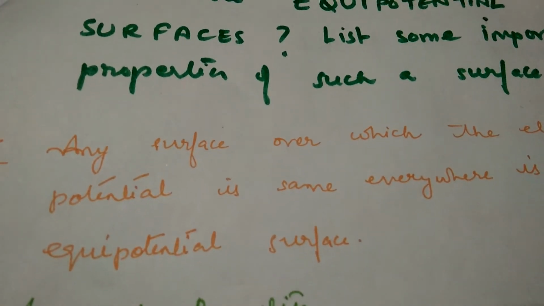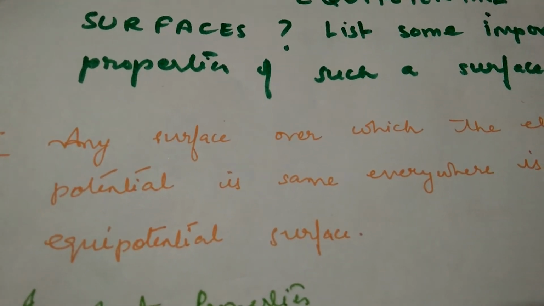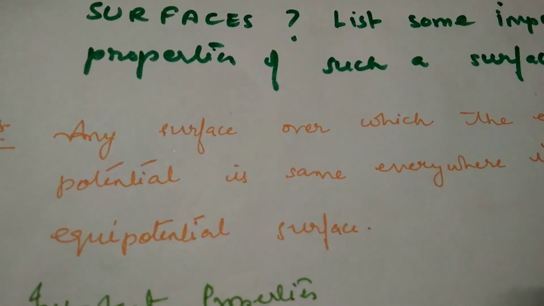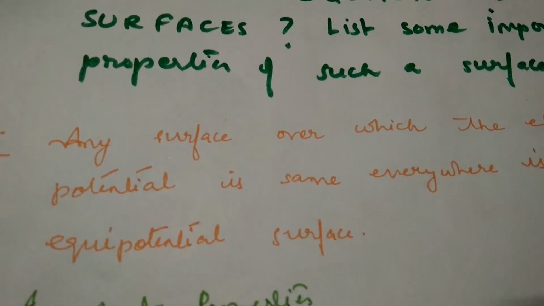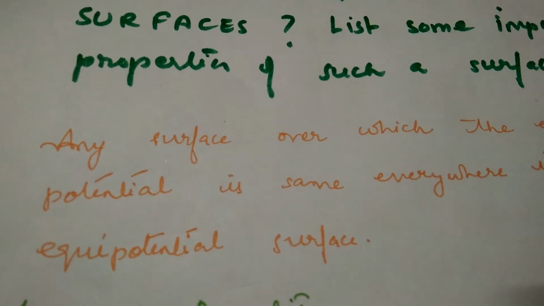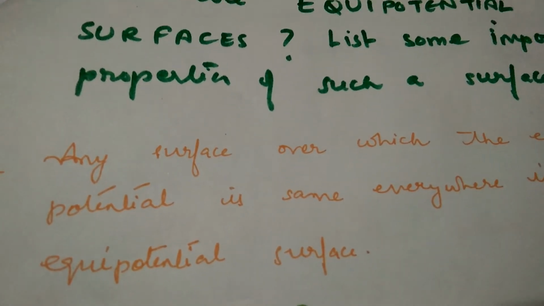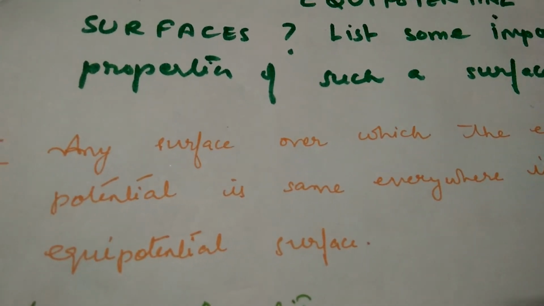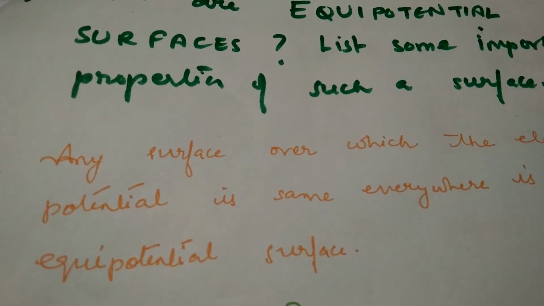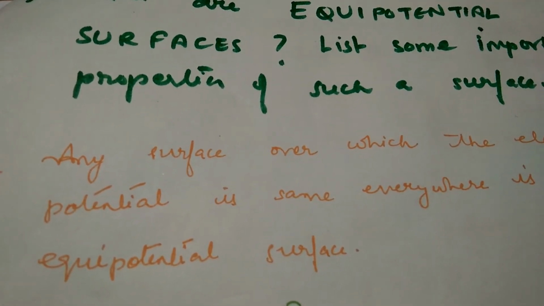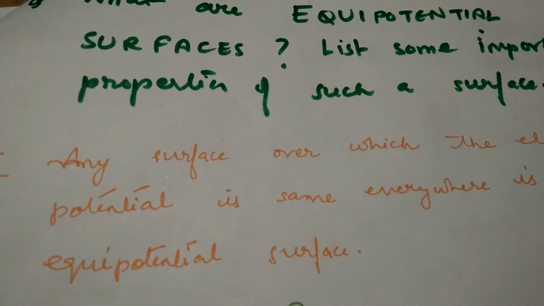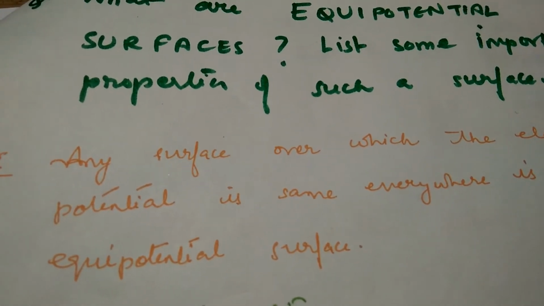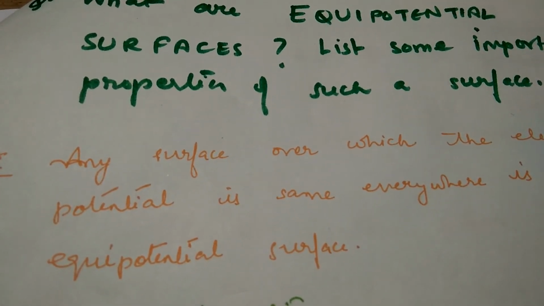Similarly, I can draw another sphere nearer to the center, suppose at a lesser distance than r. Suppose the new distance is say s. Suppose I have a point at a distance of s from the charge, and I draw another imaginary sphere to that.